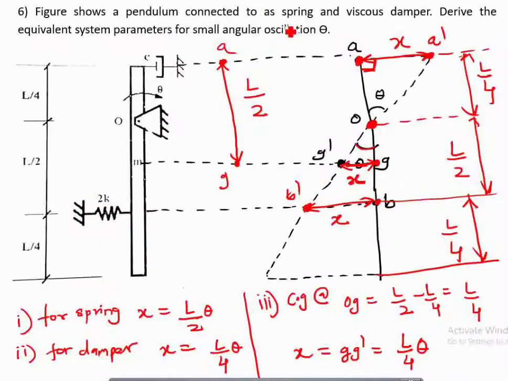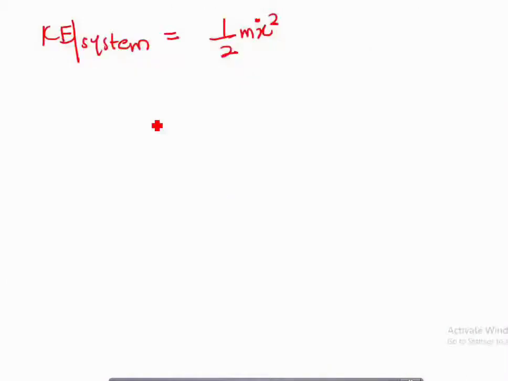The kinetic energy of a system is equal to one half m x dot square, the kinetic energy of the translation of mass m, the mass of the pendulum, which is a slender bar vertically suspended, plus one half I theta dot square, the rotational kinetic energy. Now what is x dot here?